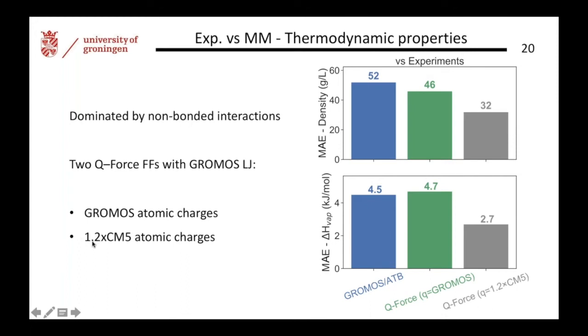However, when we switch to CM5 atomic charges, we see that the mean absolute error decreases compared to Gromos for both of these thermodynamic properties. And this is a good motivation for having the default CM5 atomic charges in our QForce procedure.